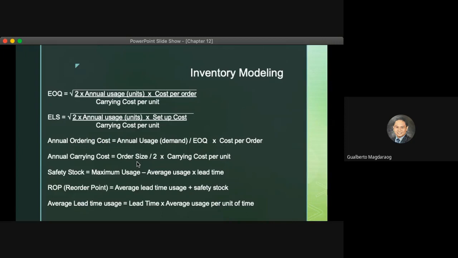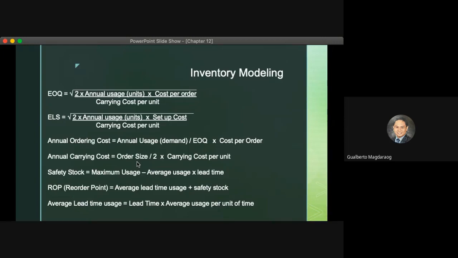And we can do that by using the EOQ formula. That is the square root of 2 times the annual usage in units times the cost per order over the carrying cost per unit. The same concept may be applied to economic lot size by changing the cost per order by the setup cost.